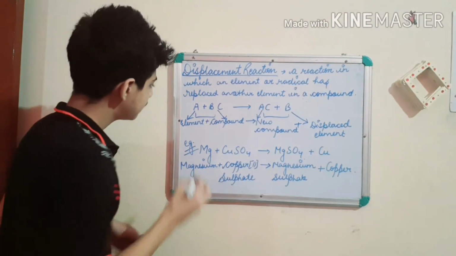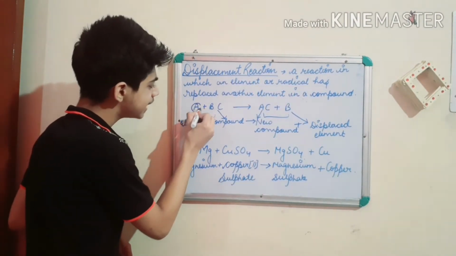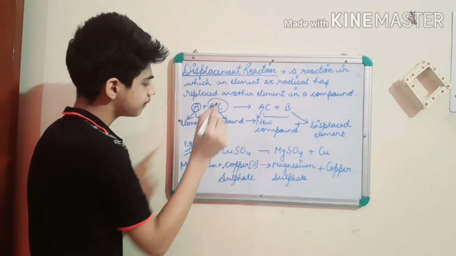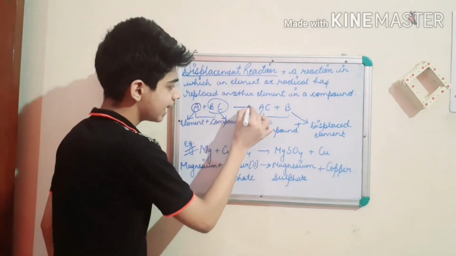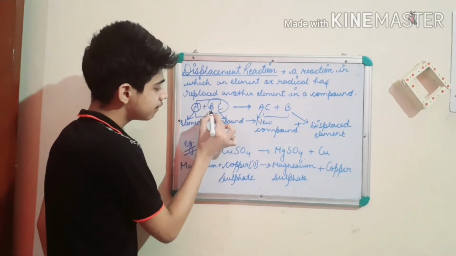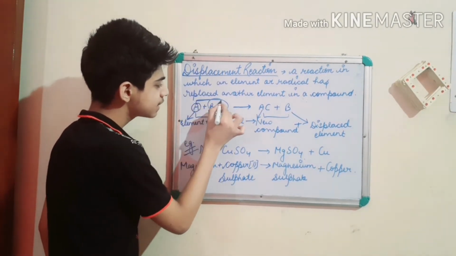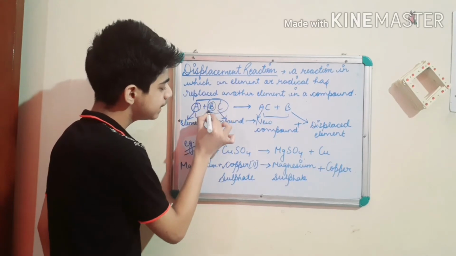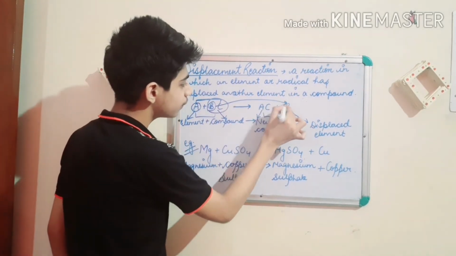For example, take A reacting with a compound BC. When it reacts, A reacts with C and replaces B, and B gets alone.